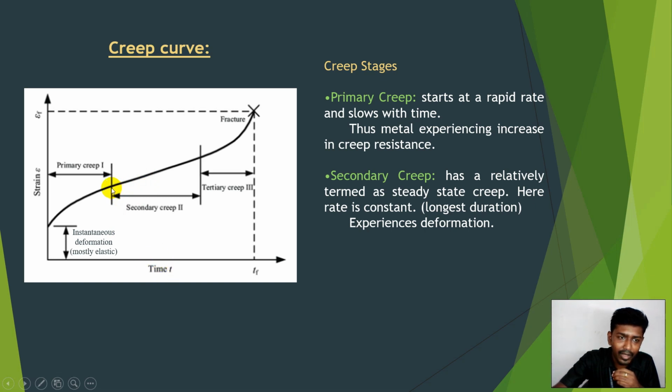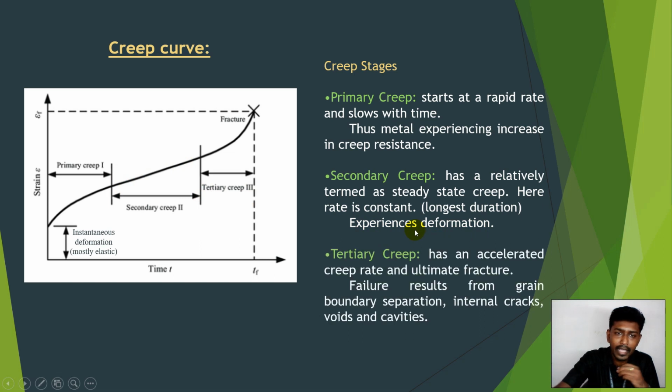When we compare with the other creep regions, the primary creep region and the tertiary creep region, I can say this one has the long duration. In the secondary creep region, the metal is experiencing the deformation.